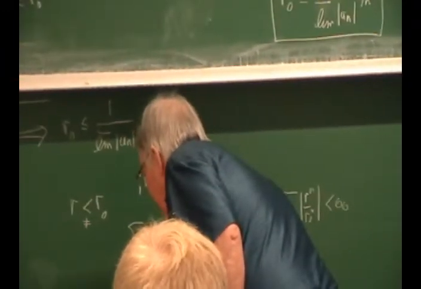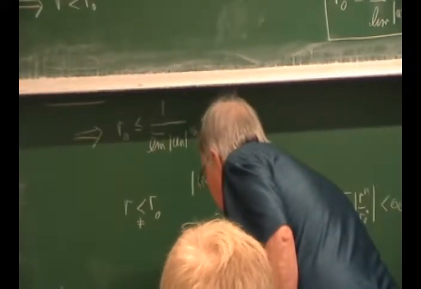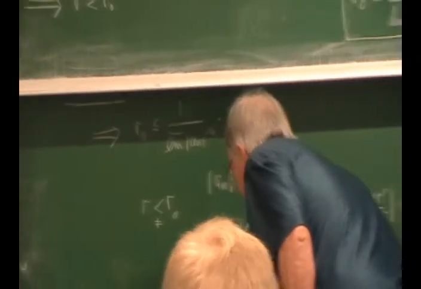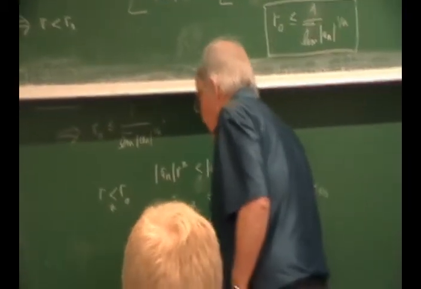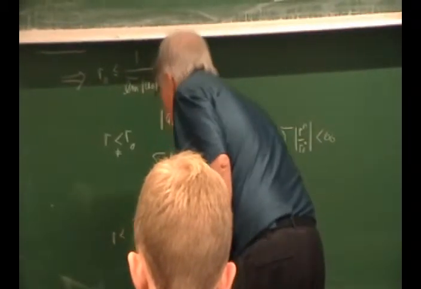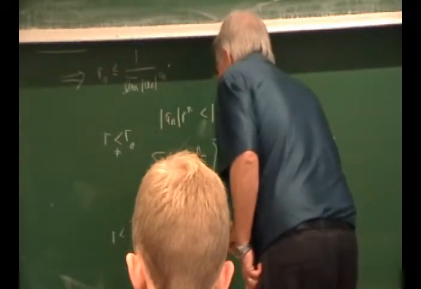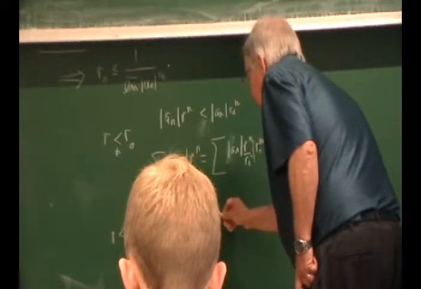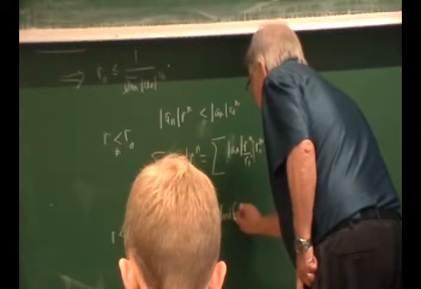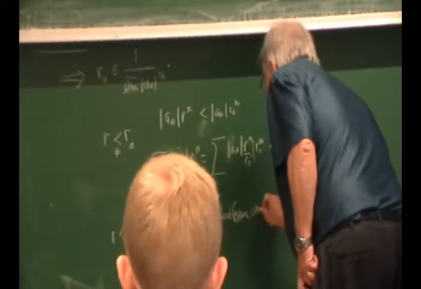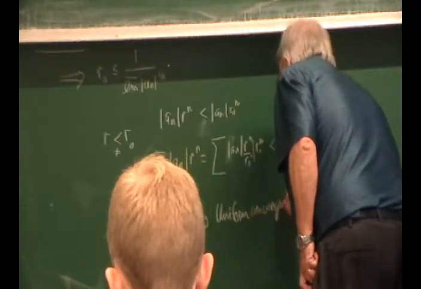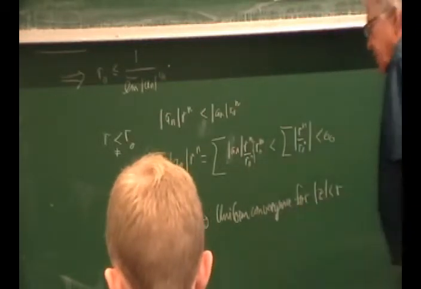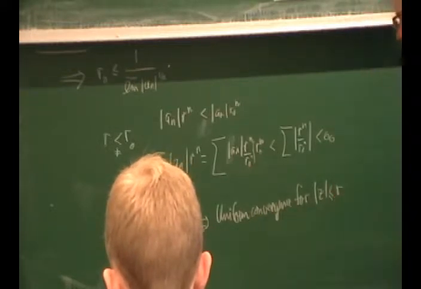We have R0 is less than 1 over the lim sup of the nth root of a n, and r less than R0 implies uniform convergence for z less than r, or even less than or equal to r. Okay.